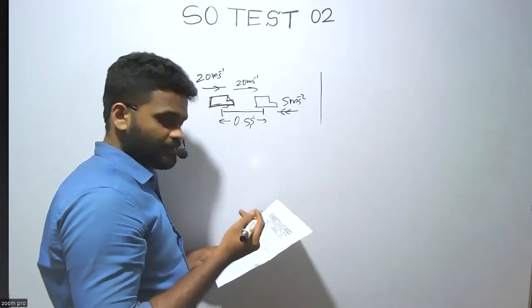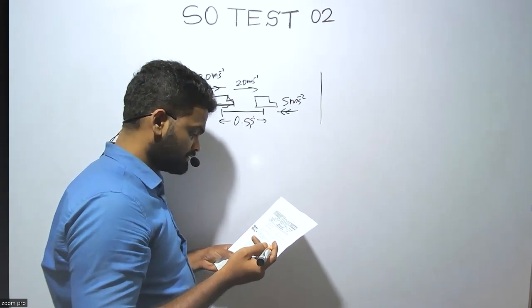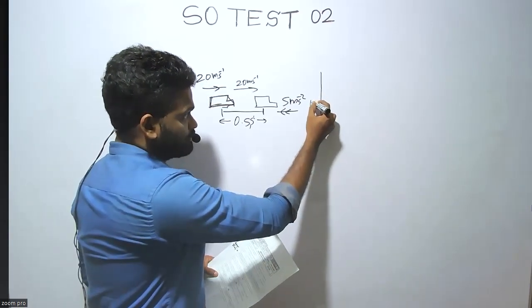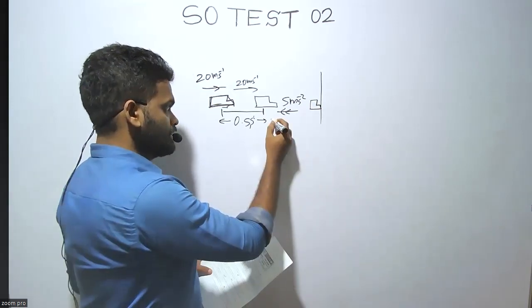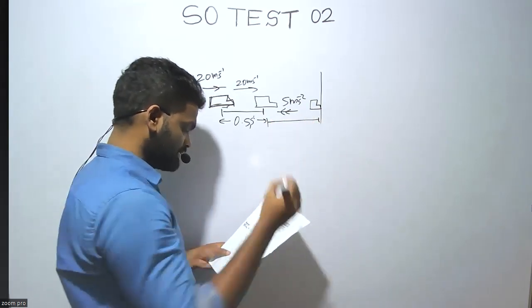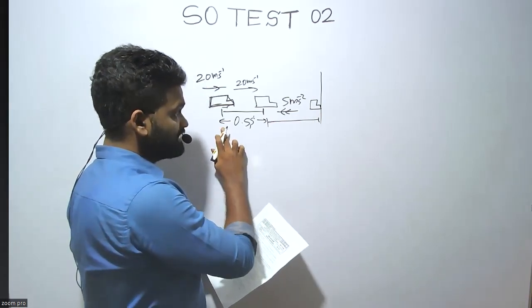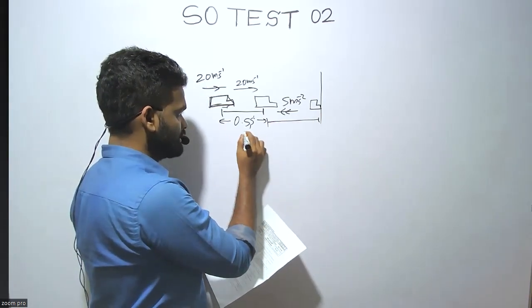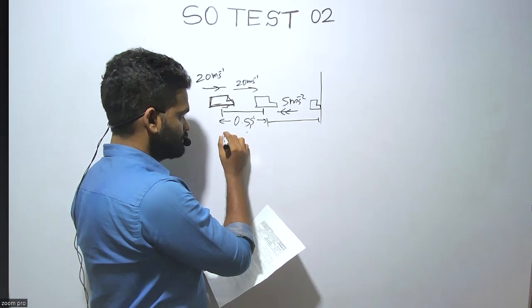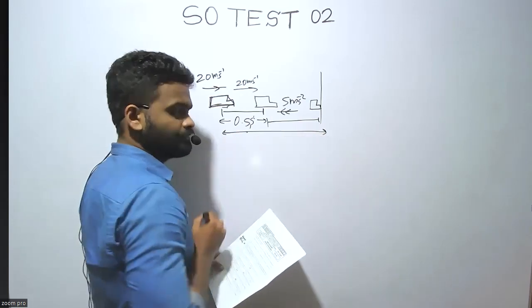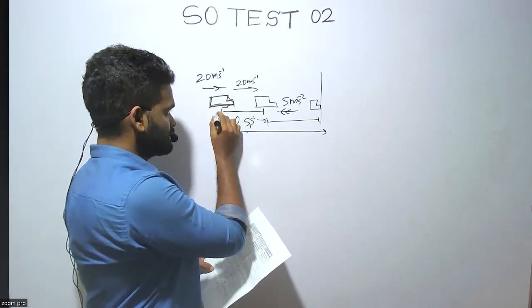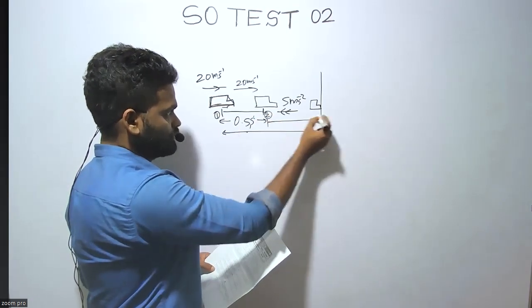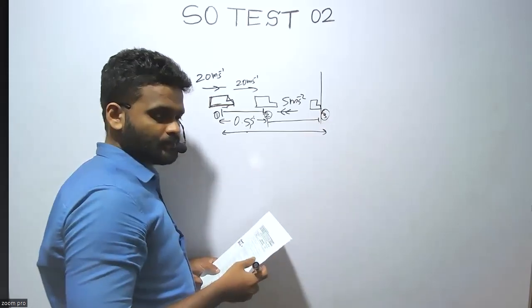So in order to prevent the accident, the car has to just move to here and stop. So what they ask is, what should be the distance? This total distance is what they ask, from here to here. So this is 1, 2, 3.